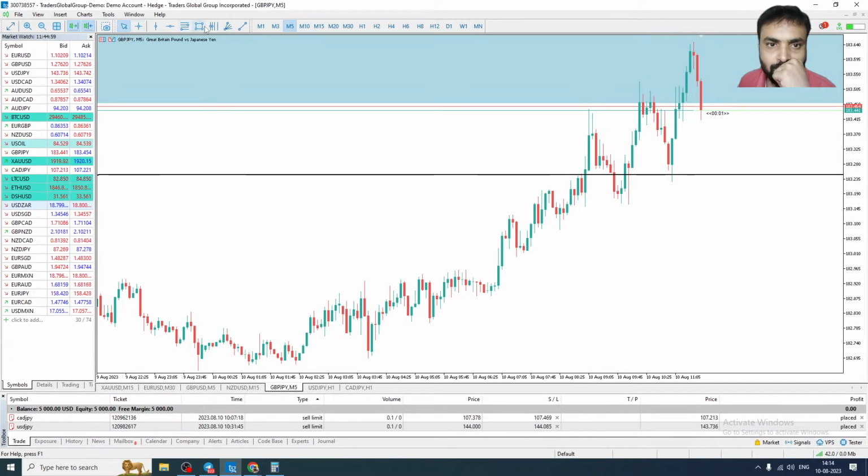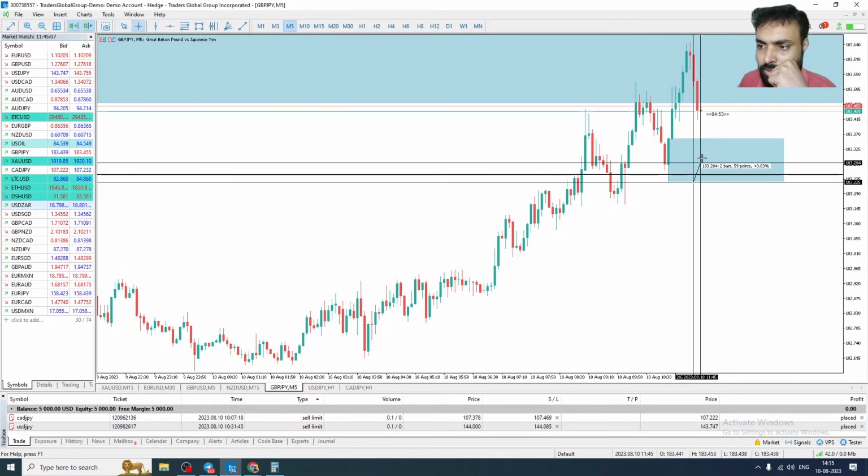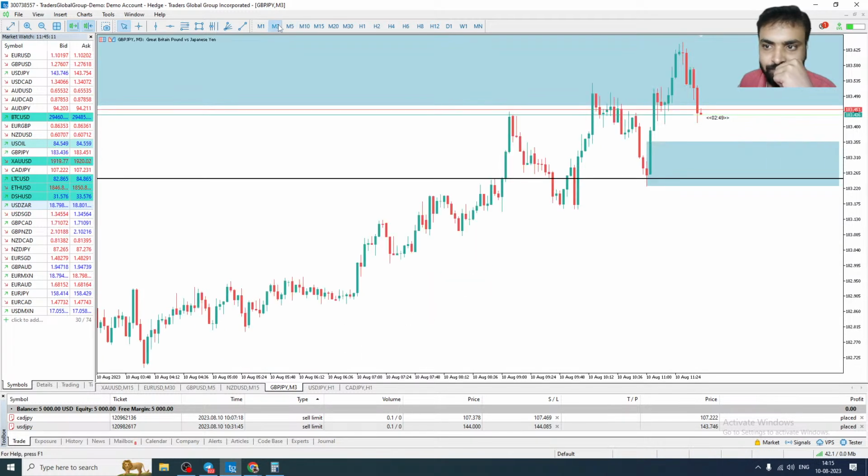What can we do now? We'll take a risk. How much is the stop loss? 130.8 again. Costly. We'll try to take a trade from here. We need to take a risk, right?